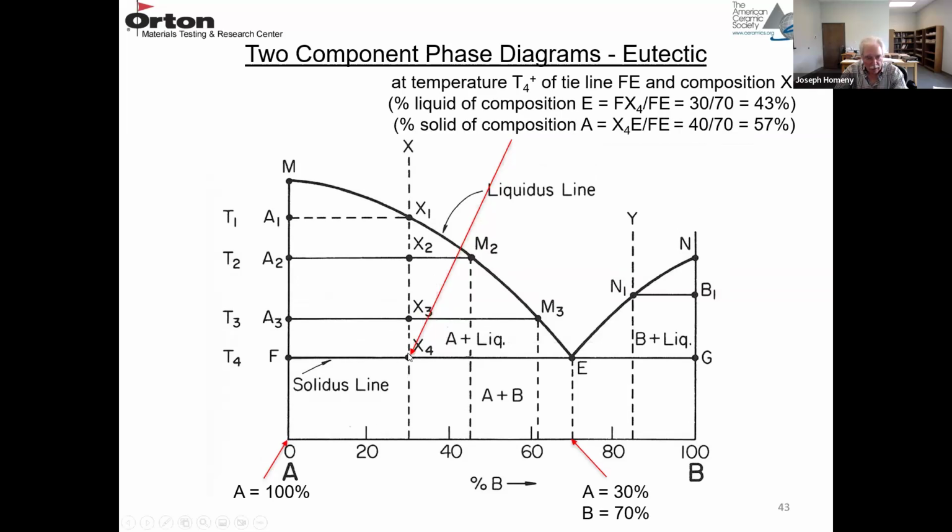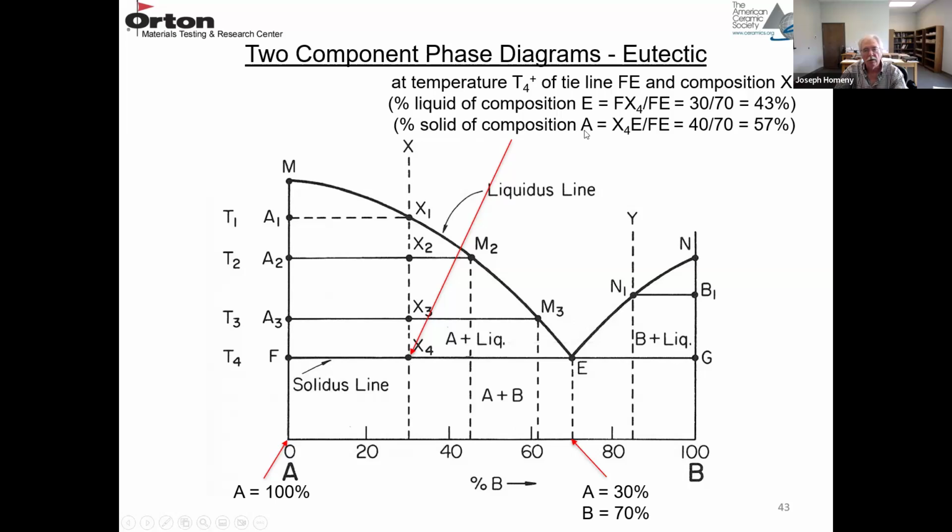So we'll look at the tie line FE just above this point X4. So the percent liquid, this composition here, 30% A and 70% B, is FX4 divided by FE. So that's 30 over 70, or 43% liquid, right above X4.